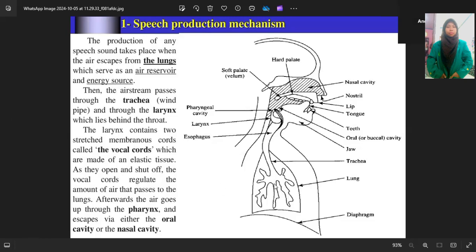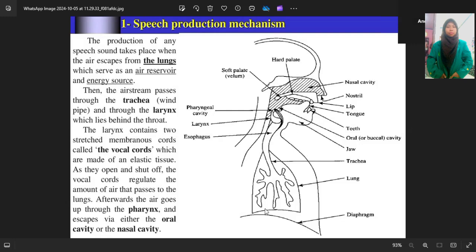After that it goes to the trachea, and continues going to the larynx. The air that is produced comes out from the nose or the mouth, like this.